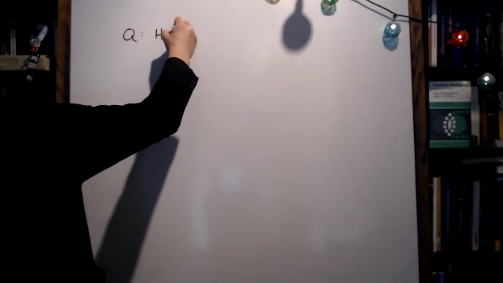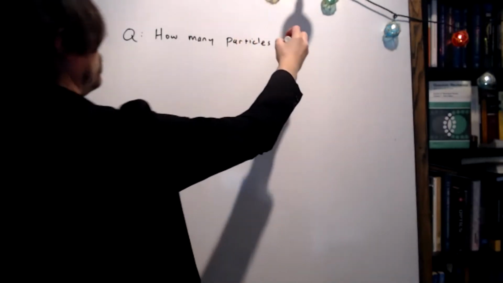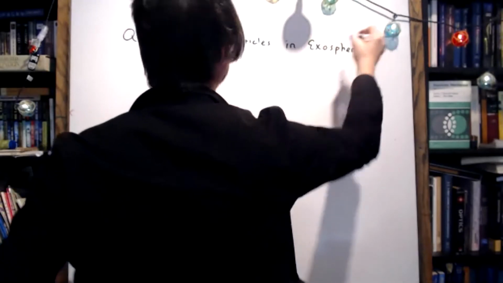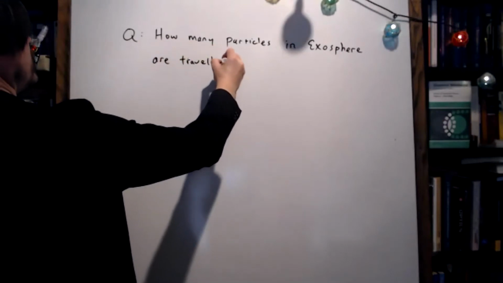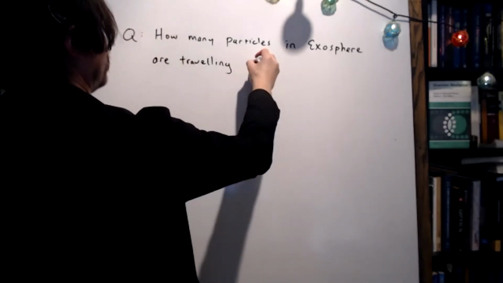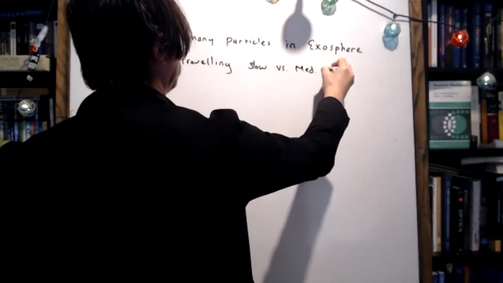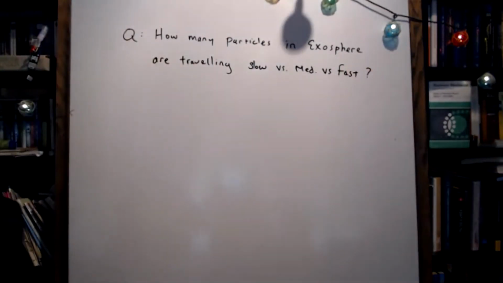The question that we're trying to ask is this: how many particles in the atmosphere, or in, let's say, the exosphere, or in any gas, are traveling slow versus medium versus fast in terms of their velocity, okay?